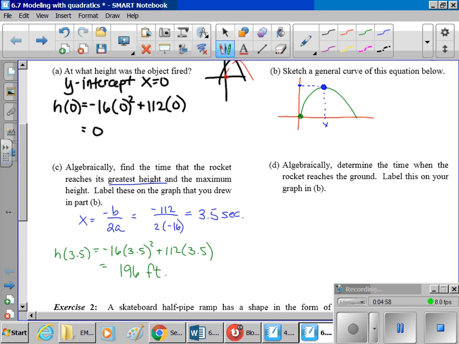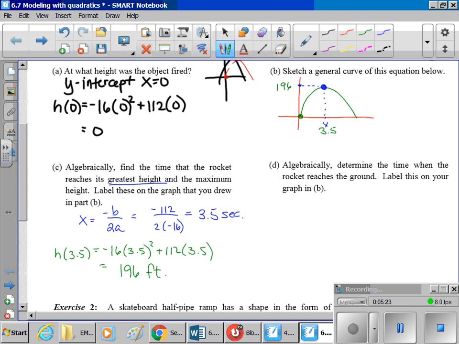Again, I would always take a moment and put it back in my calculator and make sure that the vertex in my graph is 3.5, 196. So make sure you're answering the right question. Label these in the graph that you drew in part B. So basically what we're saying is this is 196 up here, and this is 3.5 down here.